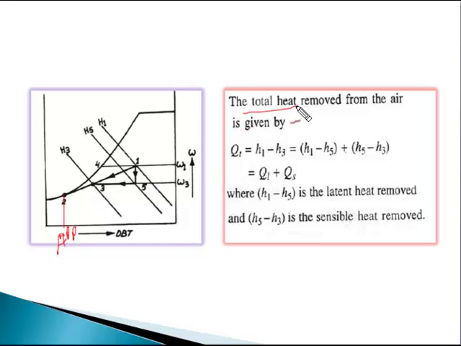The total heat removed from the air is given as Qt equal to H1 minus H3. That is equal to H1 minus H5 plus H5 minus H3. This is the latent heat plus the sensible heat. Here H1 minus H5 is the latent heat removed, and H5 minus H3 is the sensible heat removed from the moist air.